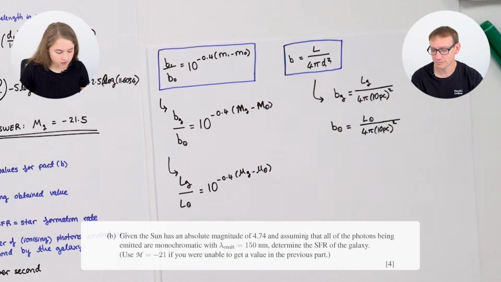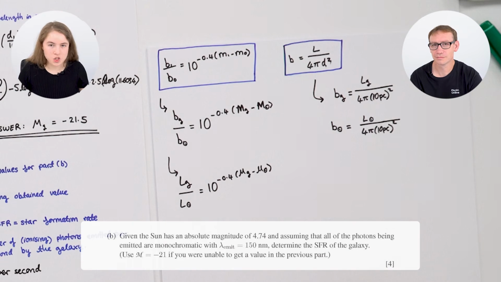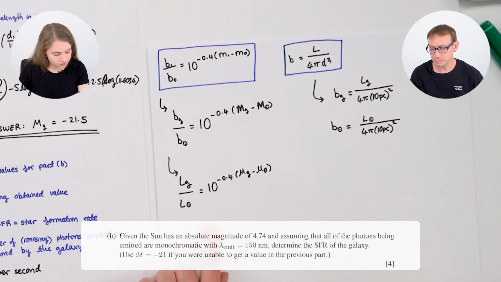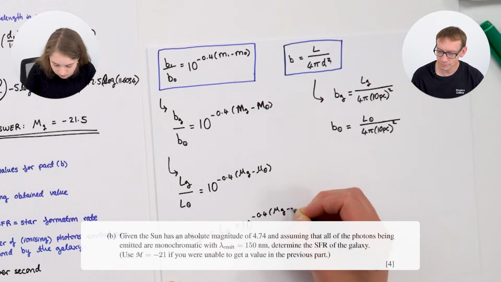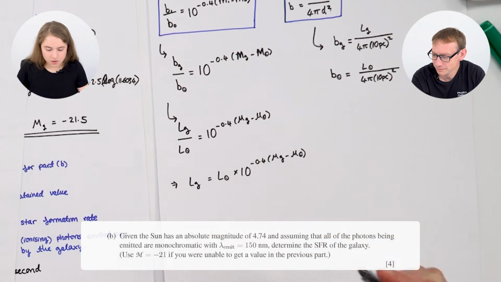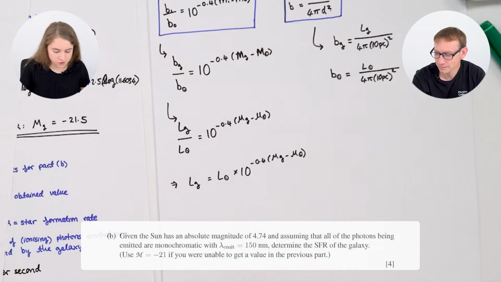What we're currently doing is finding the luminosity of the galaxy so that we can divide it by the energy of each photon to see how many photons are being emitted per second. We can rearrange this for the luminosity, and once we've done this, we can put in some values. But we don't actually need to put in values yet because we're going to want to divide the luminosity of the galaxy by the energy of each photon.